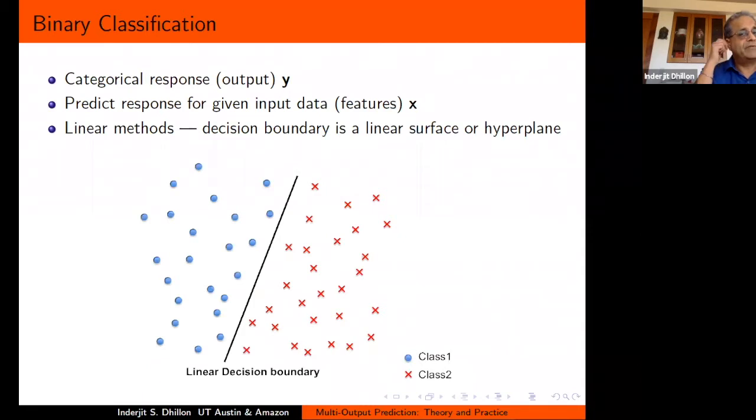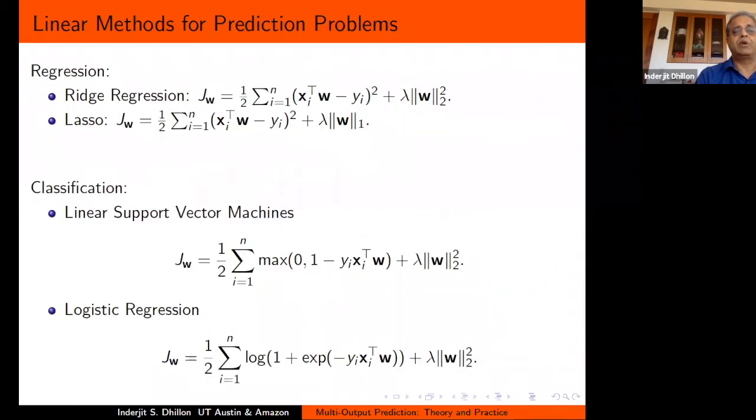In the case of classification, we have two classes. It can be captured by just one response variable where Y is +1 if the training data belongs to the first class, and 0 or -1 if it belongs to the second class. And what linear methods do is find a linear decision boundary between the two classes.